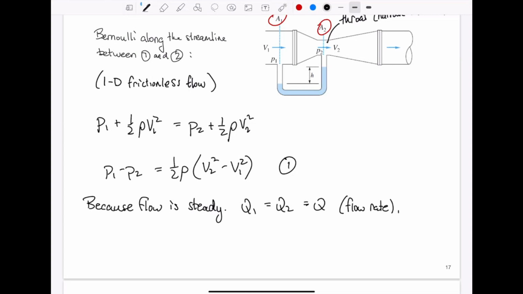So if that's the case, our flow rate we defined before as our area times our average velocity. So our area at point 1 times the velocity at point 1 must be equal to the area at point 2 times the velocity at point 2. So this would be our second equation.